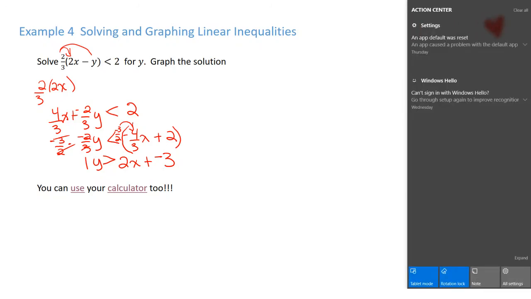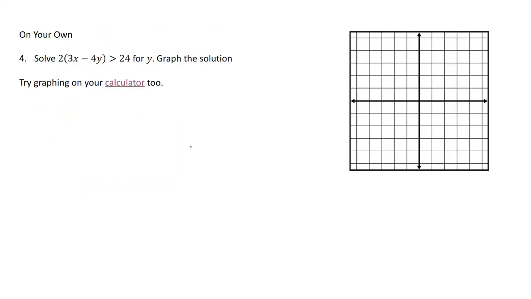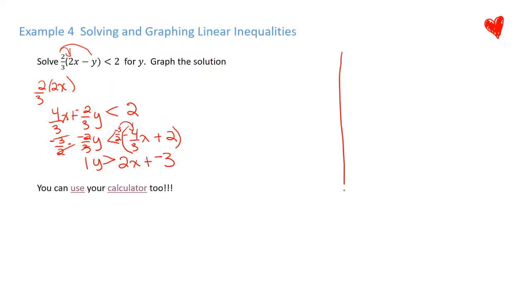I didn't give us a graph on this, so I'm just going to sketch one out for us. So our y-intercept is going to be negative 3. 1, 2, 3. We'll go ahead and plot that.